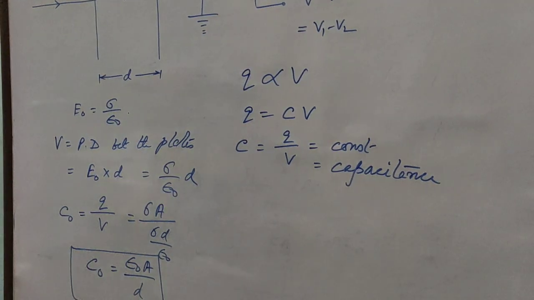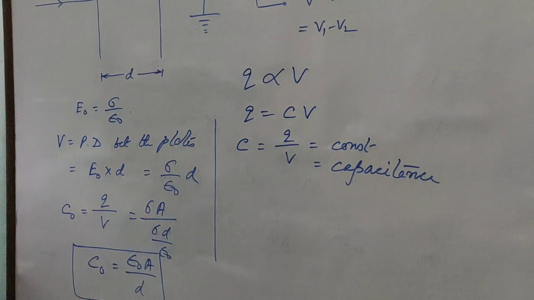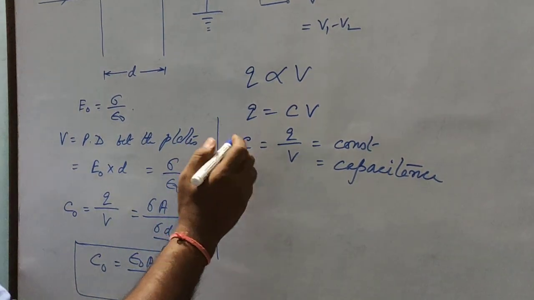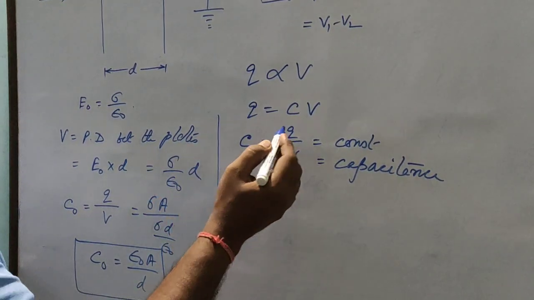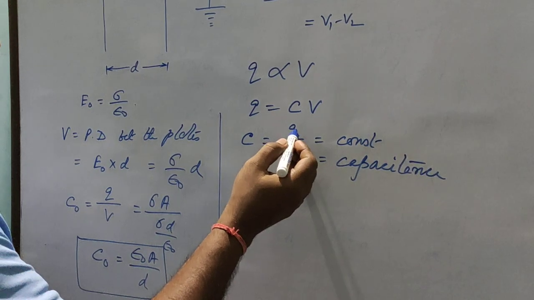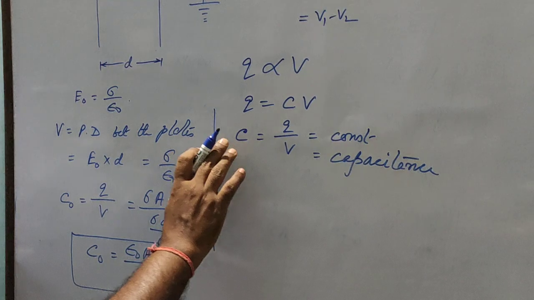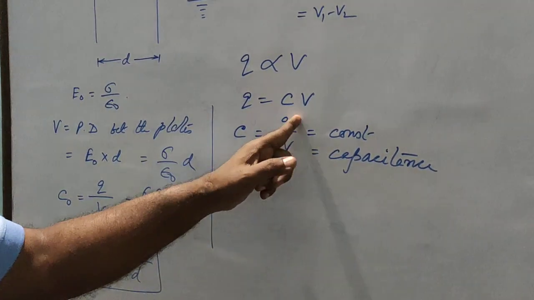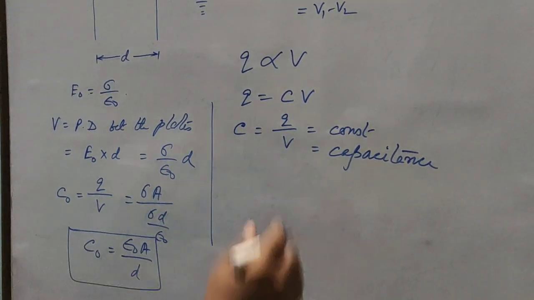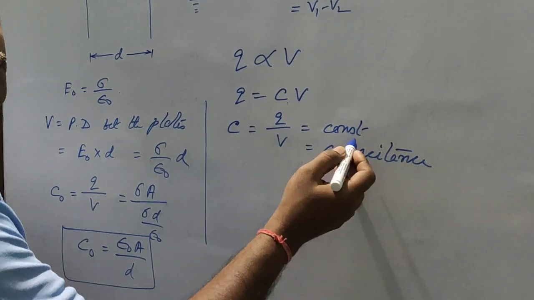What is the difference between these two formulas? This is the basic formula, that capacitance is directly proportional to charge and inversely proportional to potential difference, which we are observing, but capacitance does not depend upon charge and potential difference. Capacitance is basically a constant quantity.